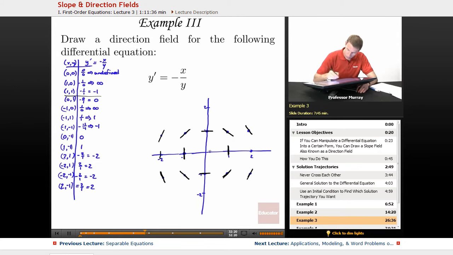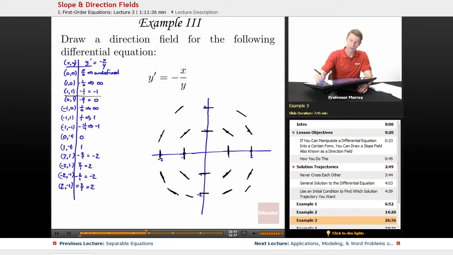On the horizontal axis, it's always vertical. On the vertical axis, it's always horizontal. And then what we're really getting is a circular pattern here. It's going to look like patterns of circles here. A circular slope field. So that's all we had to do for that one.